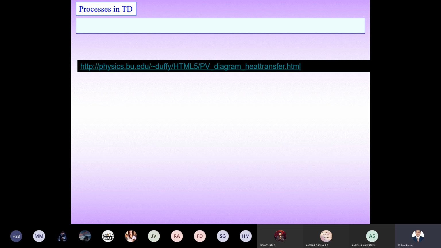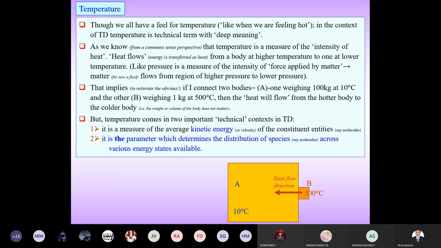In general, we have 3 types of thermodynamic processes: isothermal, isobaric, and isochoric. So these are the constant processes in thermodynamics that we use in applications, right? Just spend some more time with this HTML web page. Go to the next slide.